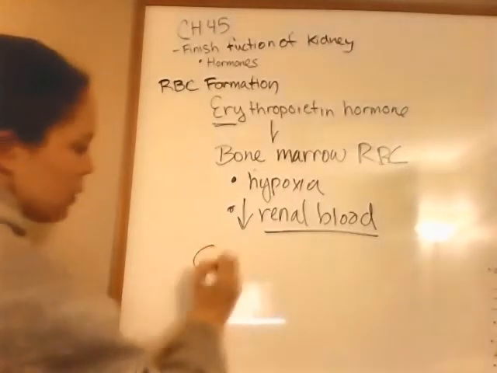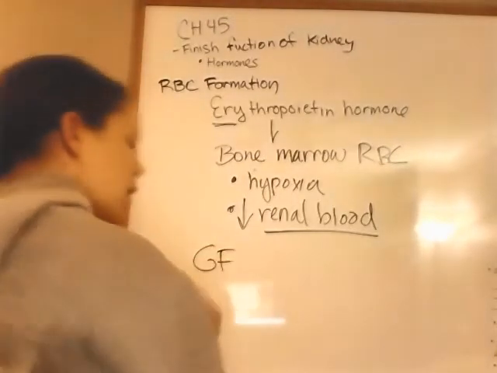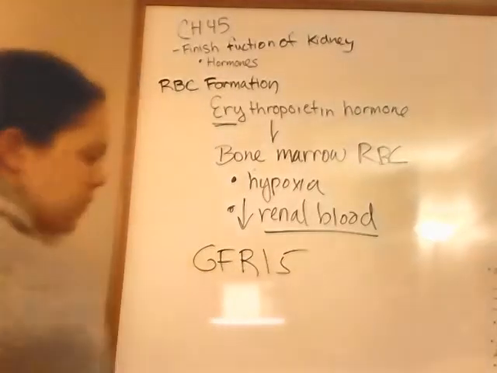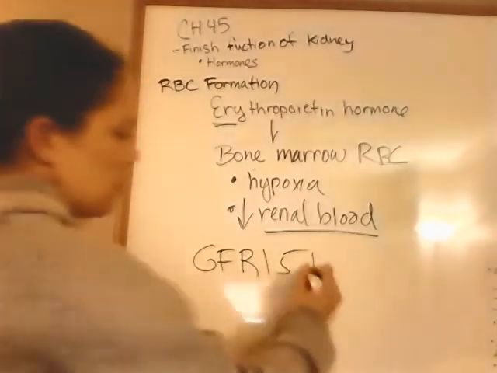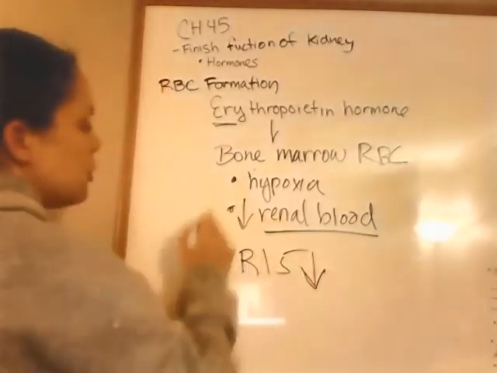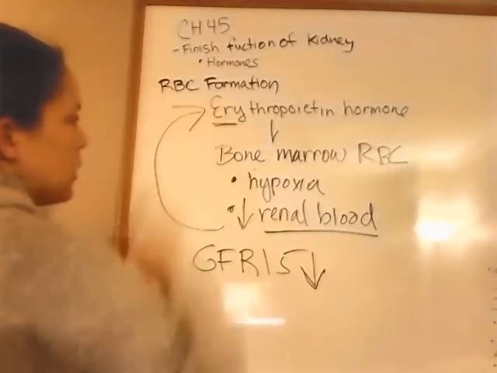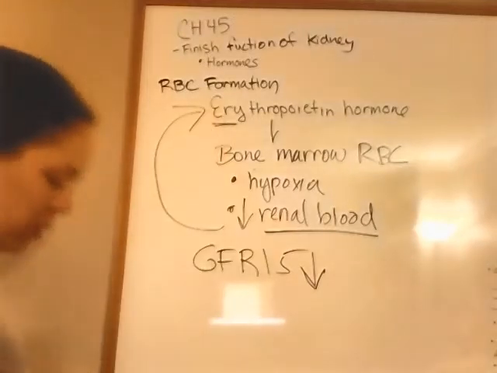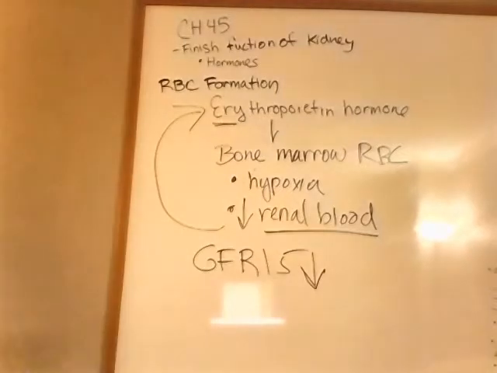Remember our filtration rate is about 15. So if it goes below, then it's going to start producing the erythropoietin hormone, which is going to stimulate red blood cell formation. So that's why it helps with red blood cells.